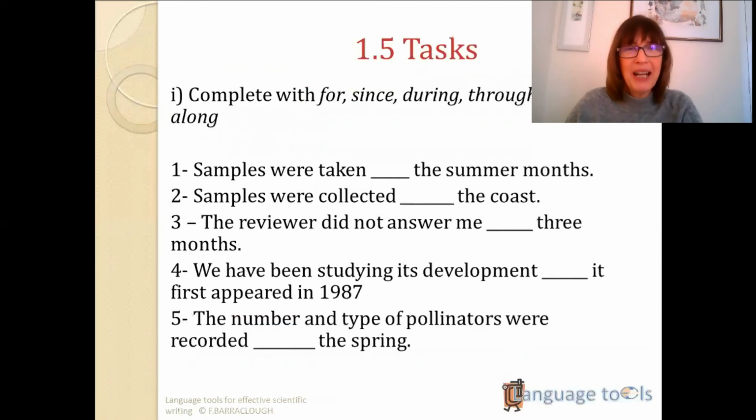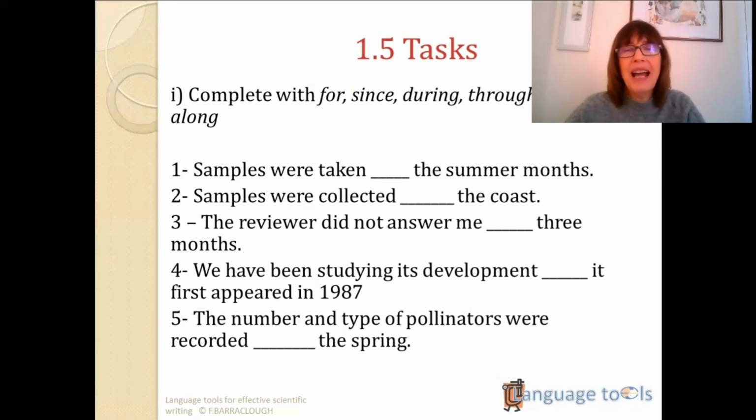Okay, so we were looking at this question of for, since, during, throughout, along. Okay, and here we have some tasks, and I would like you in these tasks to pause the video, okay, because in these tasks in the video I do provide the answers, so don't cheat, please.